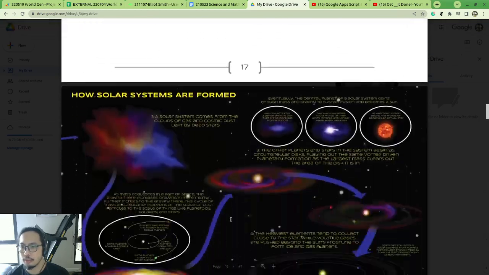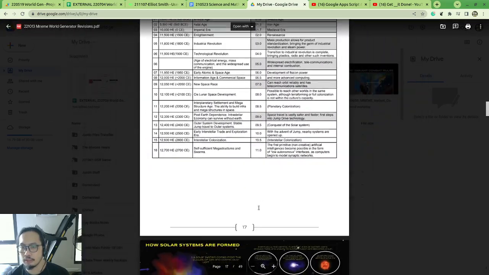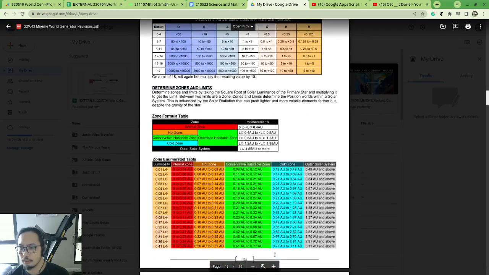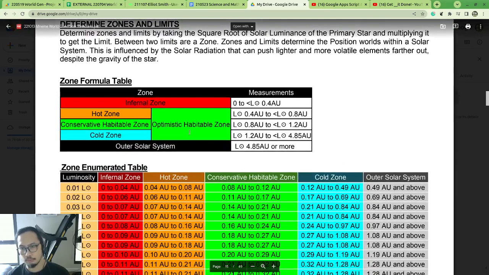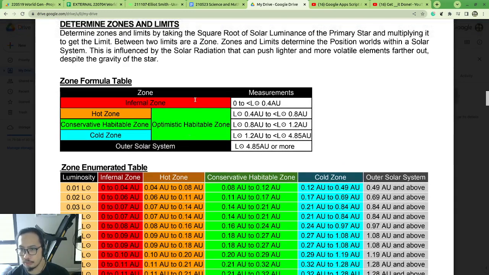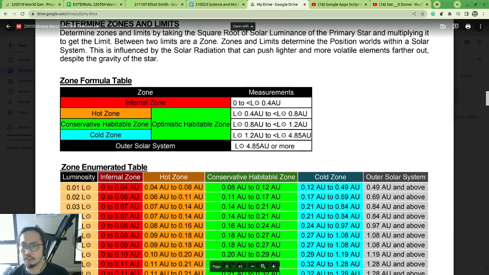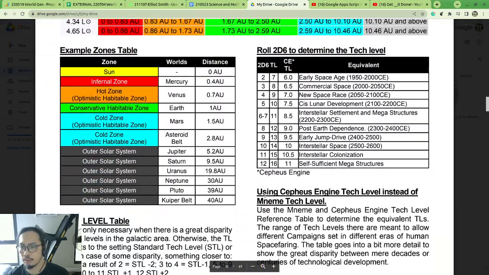Nico fixed this; the format wasn't so clear. Where was that? Here. So if I'm in the infernal zone, 0 to 0.4 AU, basically it's 0.04 AU divided by 6. And so there's 1, 2, 3, 4, 5, and then of course 6 outcomes.